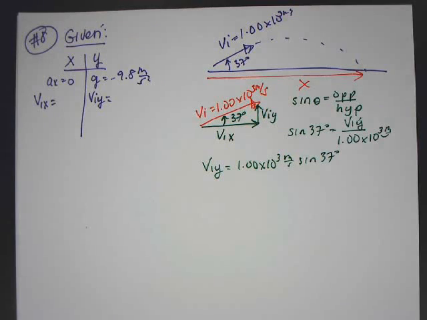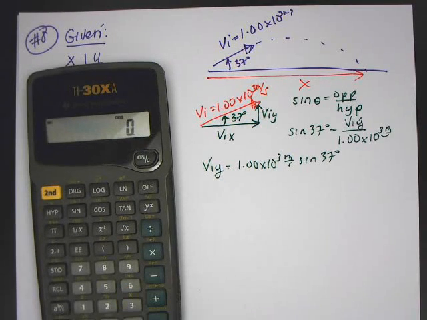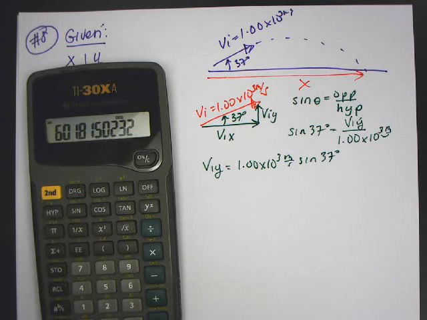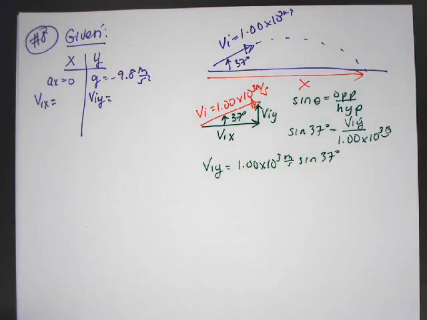So now I'm going to take the calculators that we're going to be using on the test. And the way I put this in correctly is I press 37 sine times 1 EE3 equals, and it says 601.8. So I'm just going to round that to 602.